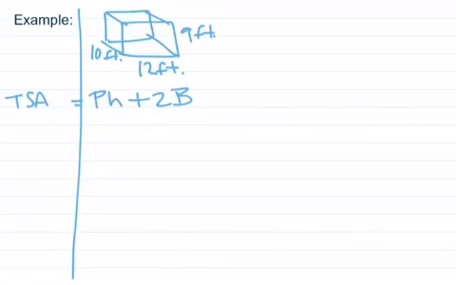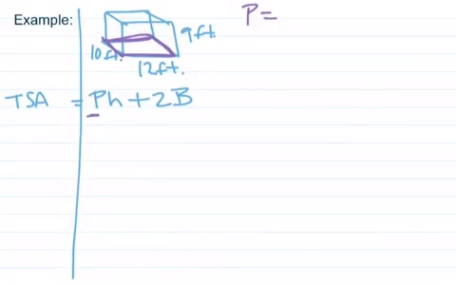What I'm going to do is come over here and find the value of each one of these variables. So P, perimeter of my base, so the top and the bottom of the figure. I would recommend using different colors for this just because it helps visually. We'll be working on that in class.